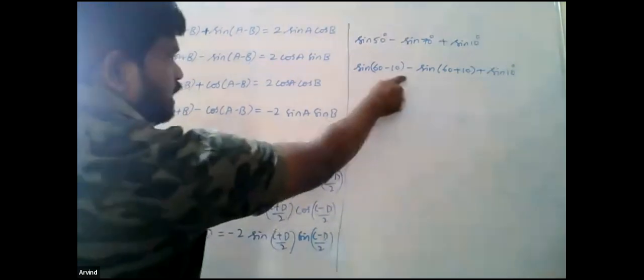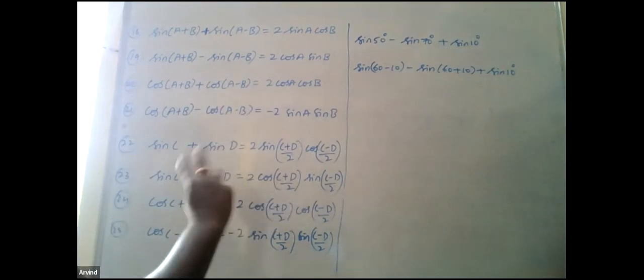For this we have to use the second formula, but it is reversed. Sine of A plus B minus sine of A minus B is the formula, but it is reversed. Or directly you can use this also here.